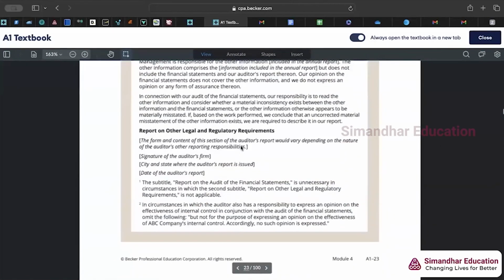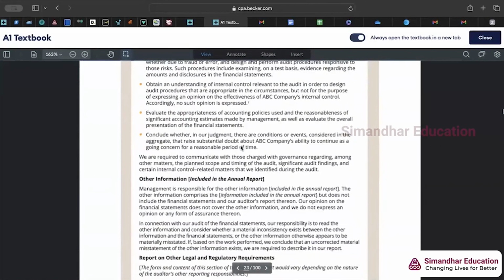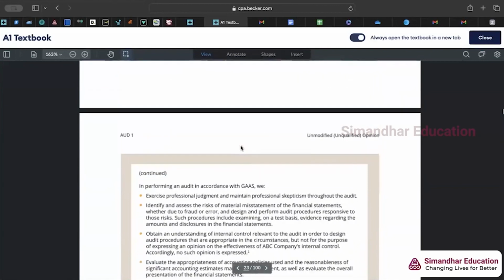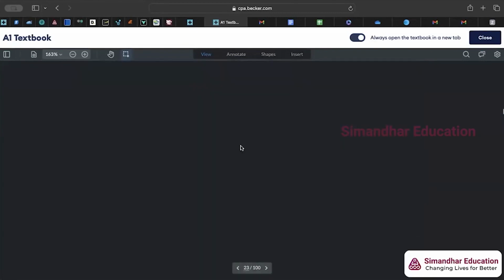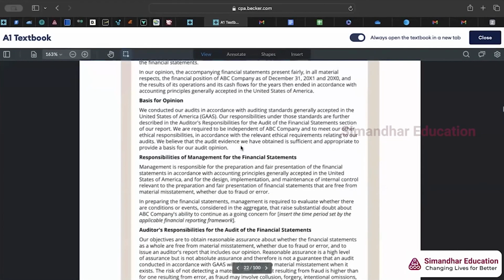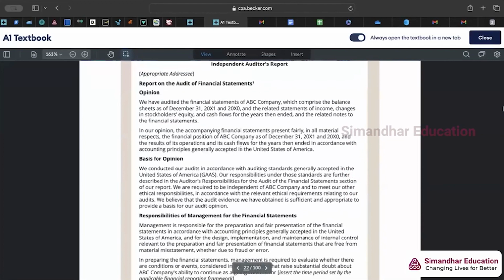Let's go back and I'll show it to you guys. For some reason, this is getting stuck. Give me a minute. Okay. In our opinion paragraph, we have given reference to in accordance with generally accepted accounting principles in the United States.